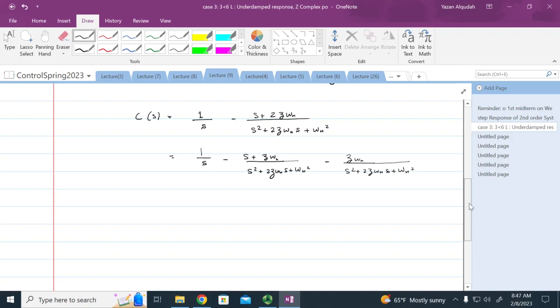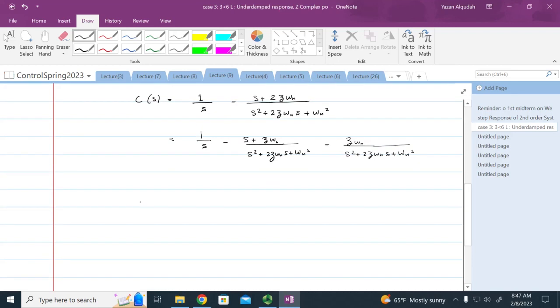Okay. Now I'm going to come to this term here, both of these, and I'm going to complete the square. So I'm going to say I have s squared plus 2 zeta omega n s plus omega n squared. How do we complete the square? We take this coefficient divided by 2, add it, and subtract it.